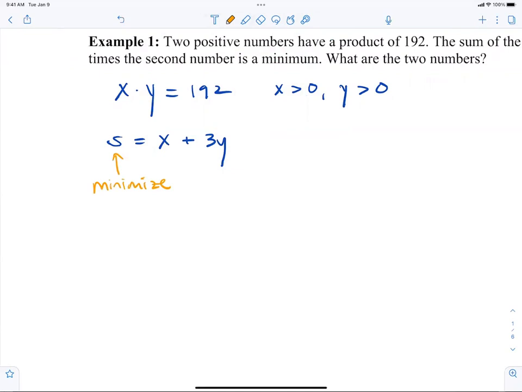That means that S equals X plus 3Y is our optimization equation, but we can't differentiate yet. Why can't we find the derivative of S yet?